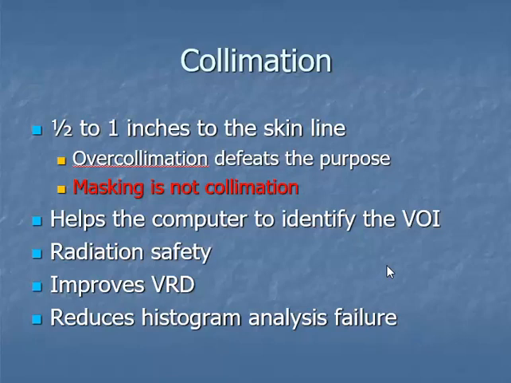And since it helps the computer identify the volume of interest, it reduces histogram analysis failure, especially in CR systems, where your collimated borders can mean the difference between a collimated field that the computer can make sense of and give you a good image, or one that the computer can't make any sense out of, and you get a horrible image.